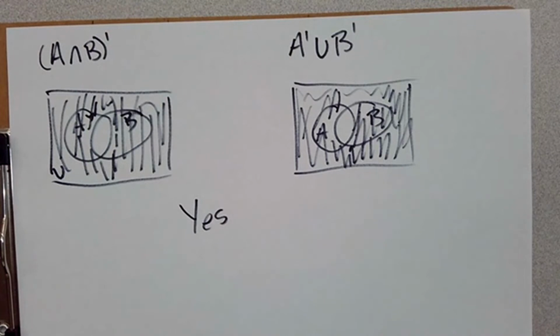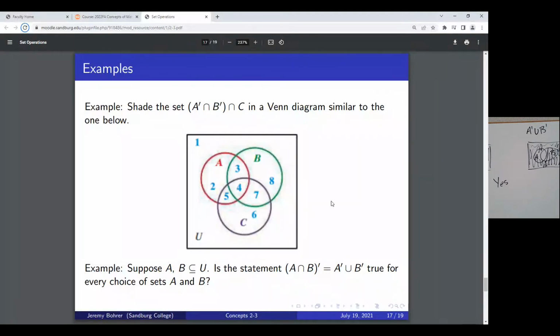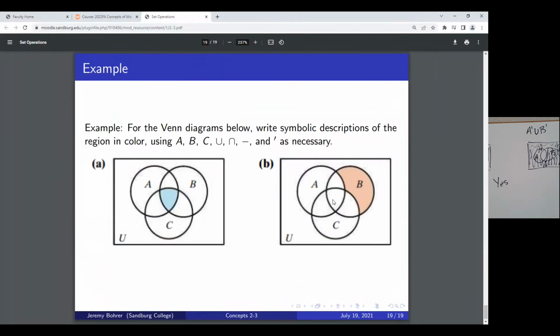Okay, now on to the very last slide. So for these Venn diagrams, we want to write symbolic descriptions of the region in color. Well, I shaded them rather than coloring them because I only have black markers on me.